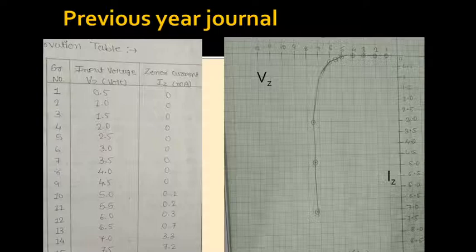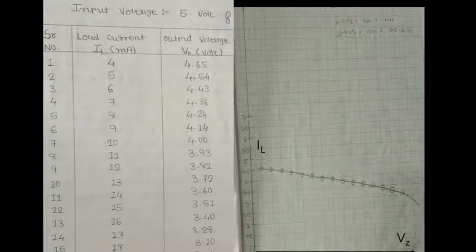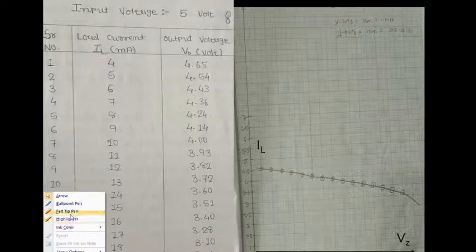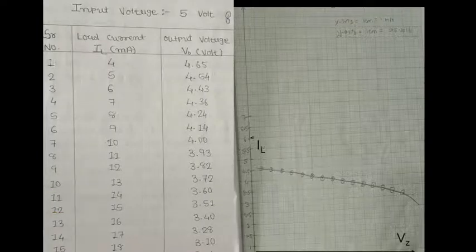Now the next part, that is the load regulation. Let me bring it to your attention. This was wrongly interpreted by mistake. This is V out or Vz, and this must be the Iz, and the other is IL, the current passing through the load.